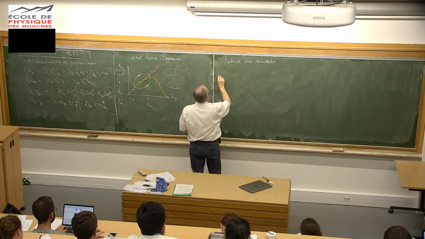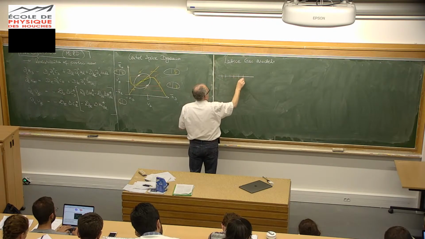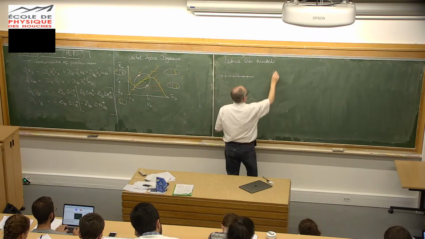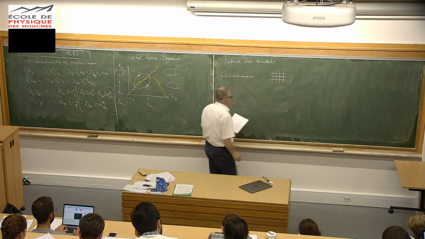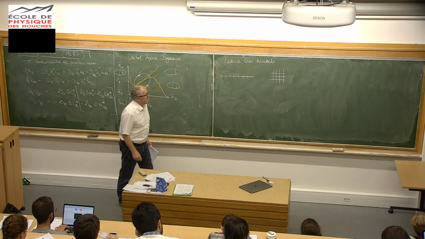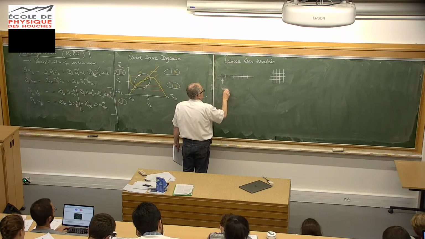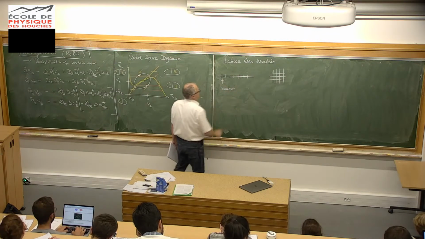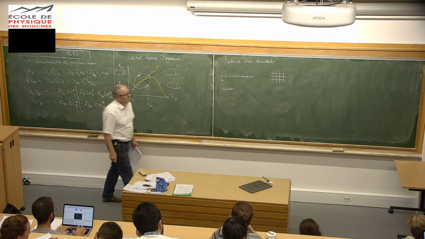And we had that, so think of your system as just some one-dimensional lattice or some two-dimensional lattice. And then on that lattice, you can define the number of individuals on that site.